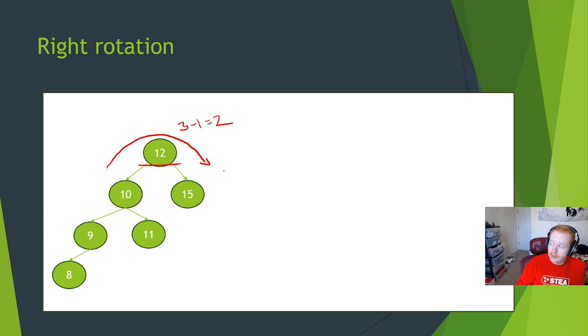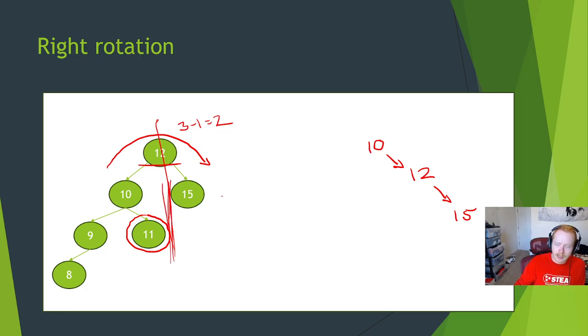One thing to keep in mind is, since we are making 10 our new root node, we're going to have 12 go here, 15 would go next. If we look, 10 has a right child of 11. If we keep it in this left subtree, I'm going to try to draw this tree in half, we are going to mess up our binary search tree.